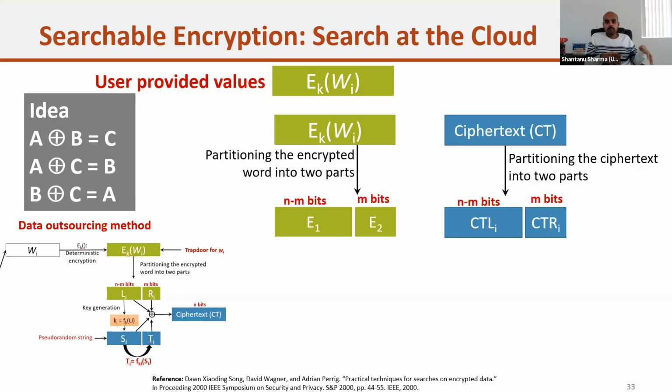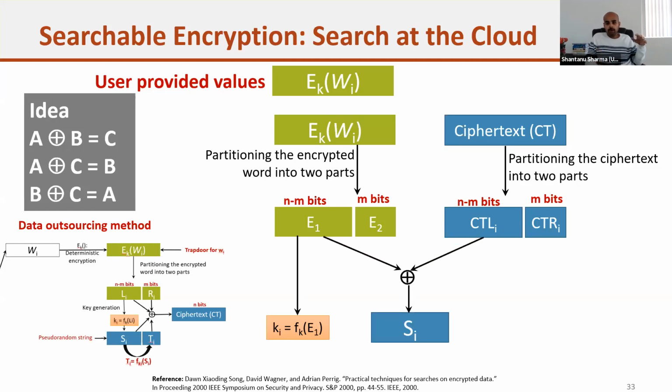Now first we partition both the query keyword and the ciphertext into n-m bits and m bits. Now we perform the same function that we implemented at the time of outsourcing. So the cloud will implement the same function with the key ki. And now we need to XOR these two things.